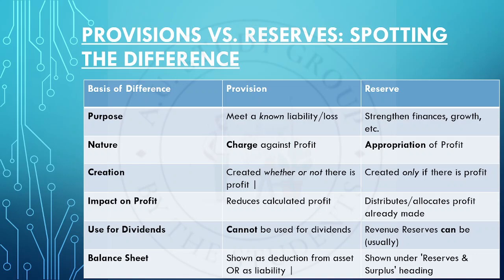A reserve is only made if there is a profit. Now, impact. Provision is a charge against profit, so it reduces calculated profit. Reserves are used to distribute profits which are already made.